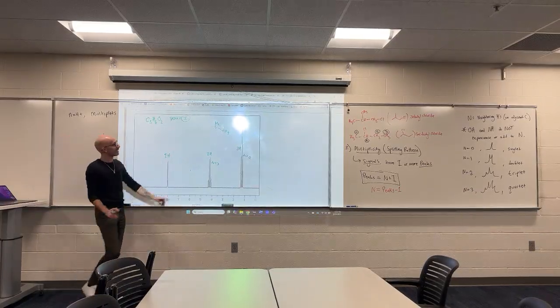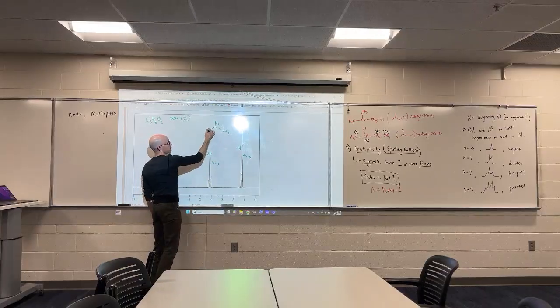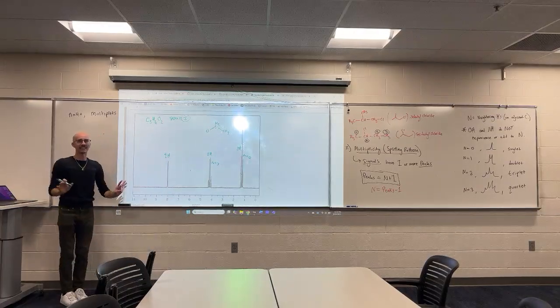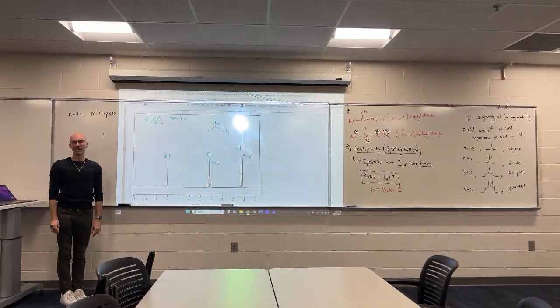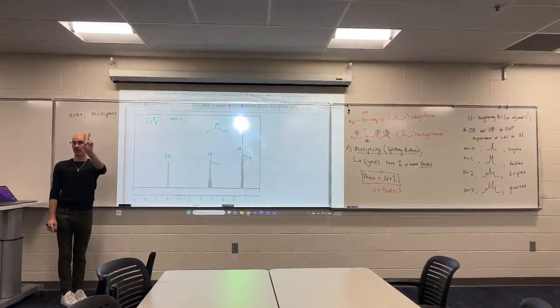So I think that this is bonded directly to an O. And I still haven't used up my pi bond. And I have 1 carbon and 1 hydrogen and 1 oxygen remaining.